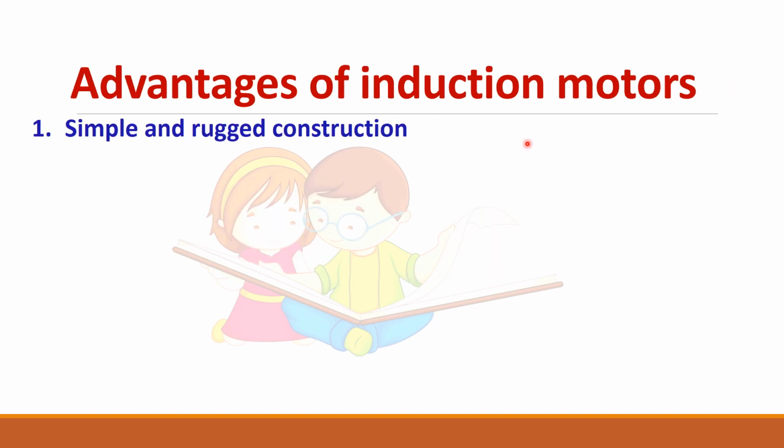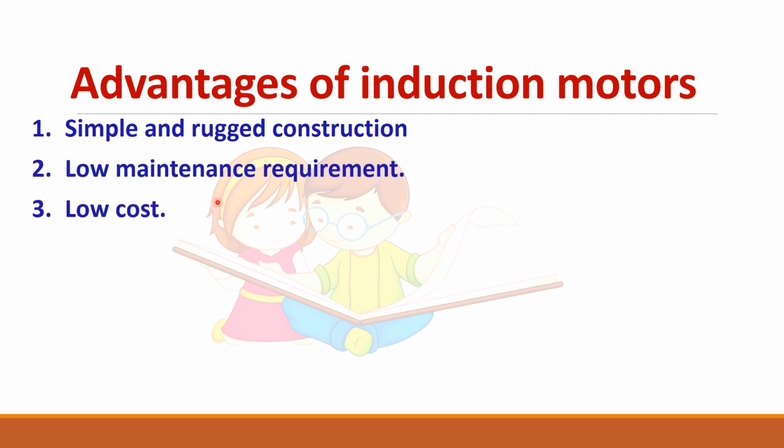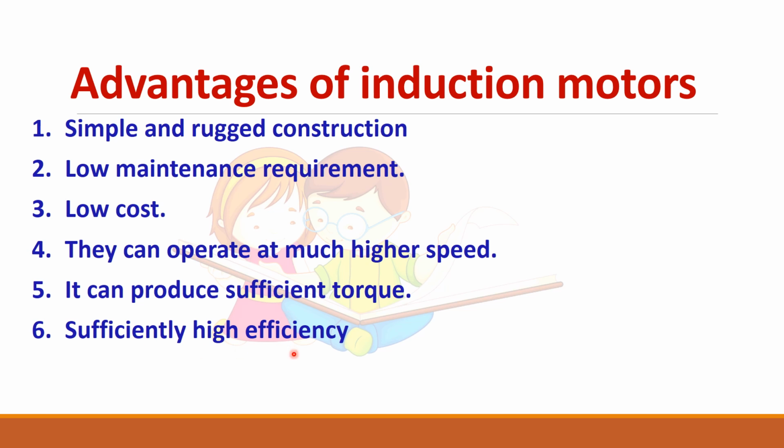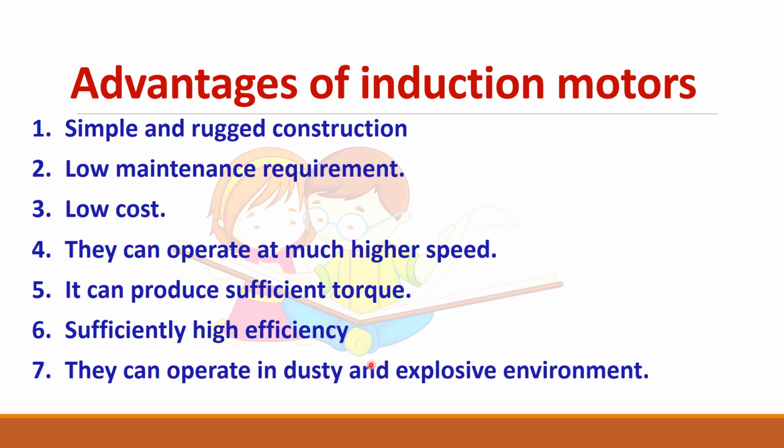Let us see the advantages. They have a simple and rugged construction, low maintenance, low cost, they can operate at much higher speed, can produce sufficient torque, and have sufficiently high efficiency. So these are some of the advantages of induction motor. When compared to DC motor, which cannot operate in explosive environment because of commutators, here that commutator problem is not there, so they can operate in dusty and explosive environment.